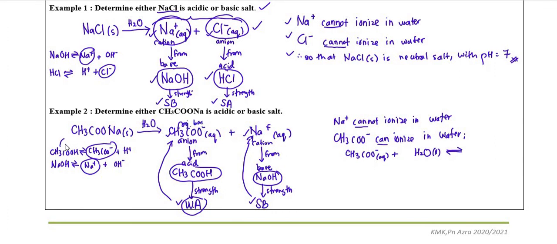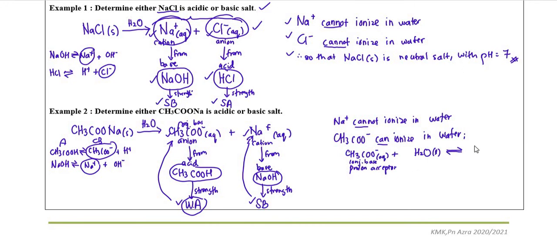Kalau di sini asid, partnernya adalah conjugate base. So di sini akan bersifat base, iaitu conjugate base. Base, that means accept proton. Base adalah proton acceptor. Abaikan perkataan conjugate. Conjugate itu adalah pairing sahaja, tetapi dia masih bersifat base.